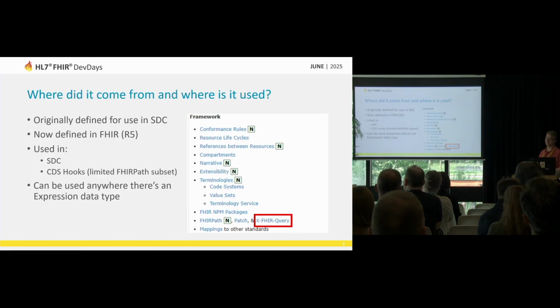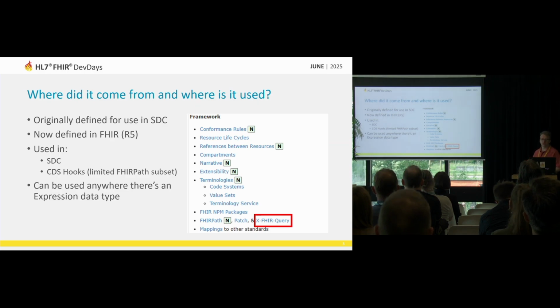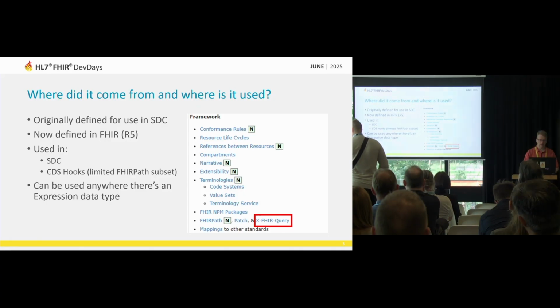There's 2 places that I know that it's used right now, which is SDC and most recently CDS hooks. It may be being used elsewhere, but nobody's mentioned it. And you can use it anywhere that you make use of the extension data type. So if you look in the R5 or the draft R6 specification, go to the documents page, you will see x-fhir-query sitting there alongside FHIRPath and patch.